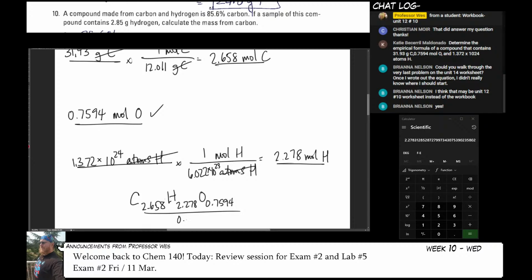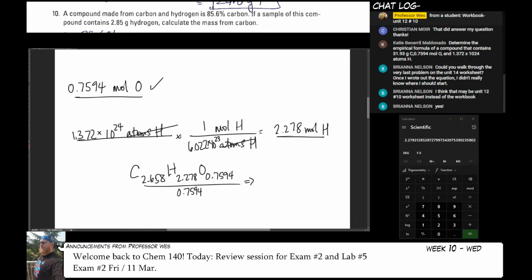We'll divide by the smallest number here. And I get, so 2.658 over 0.7594 is 3.5. That's good that it landed that close to a fraction.